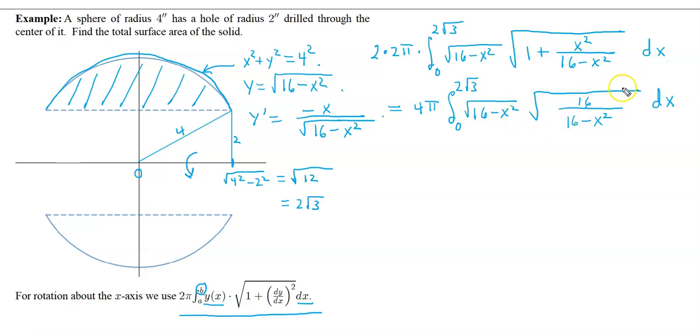Now notice, if we were to break up the square root of this fraction as the square root of 16 divided by the square root of 16 minus x squared, notice how these terms will cancel. And then what we're left with is the square root of 16, which of course is 4.